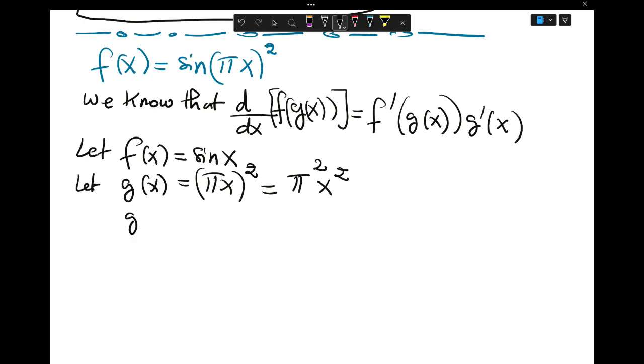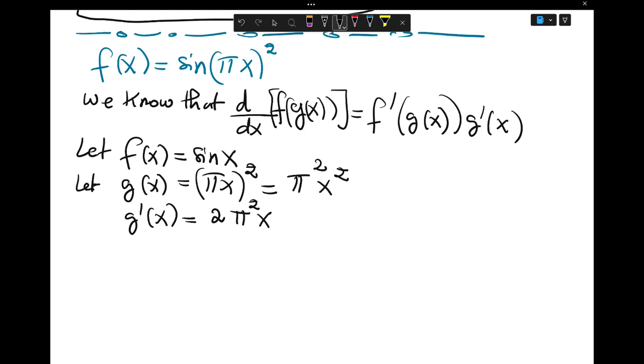So g prime of x will be equal to 2 pi square times x to the power of 1. I don't even have to write down the 1, but this is just to make sure that we understand.